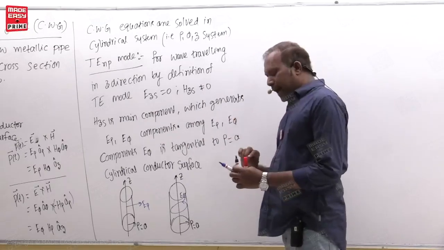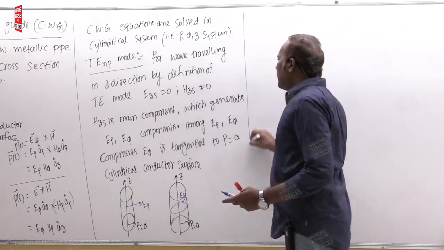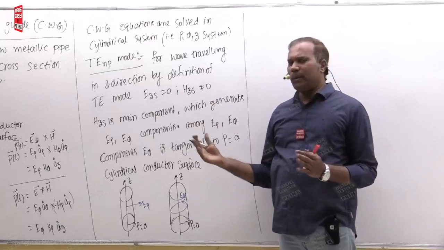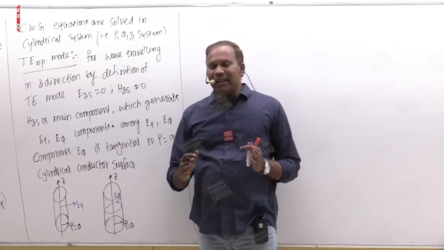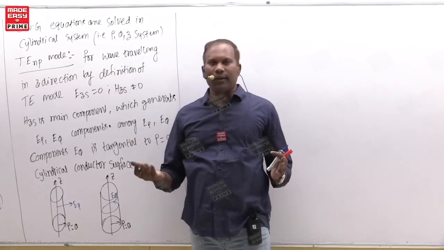So already we know, students, all the concepts of conductors are applicable here. Already we know near the conductor boundary, the tangential component of the electric field is 0.